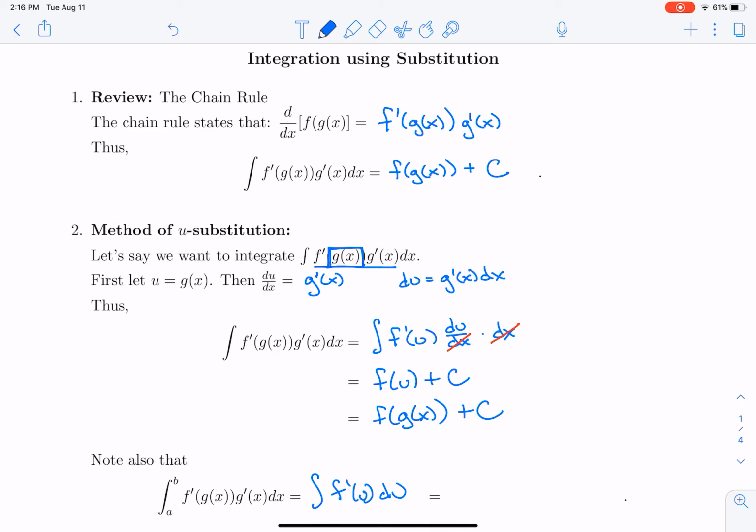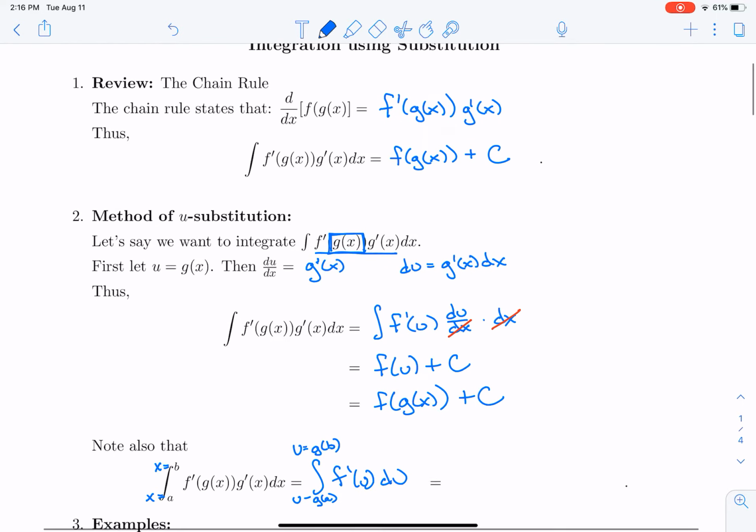But the limits of integration here are not going to be from a to b, because those were the limits of integration in x. They're actually going to be g of a to g of b. So here you can think about this as being x equals a and x equals b for the limits of integration. And now our limits are really going to be u equals g of a and u equals g of b.